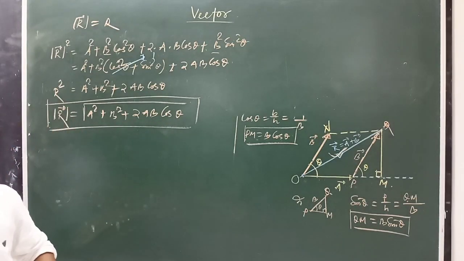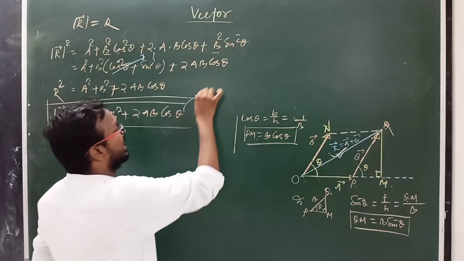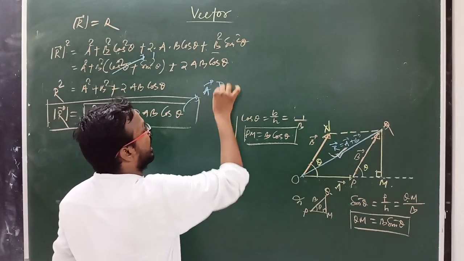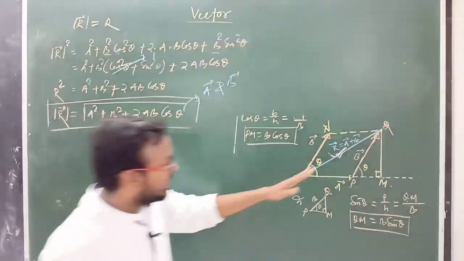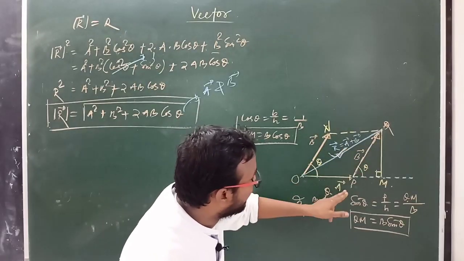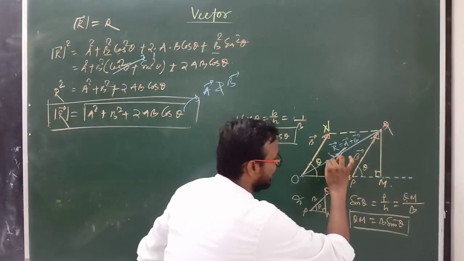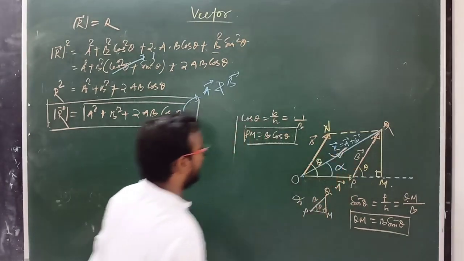What is theta? Theta is the angle between A vector and B vector. Now we have to find the direction. The resultant vector makes how many degrees of angle with the A vector? Suppose this angle is alpha.